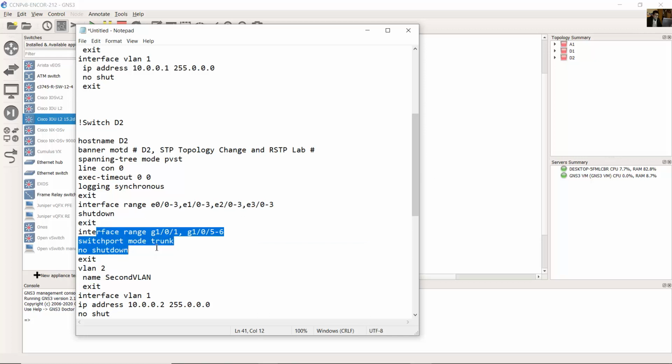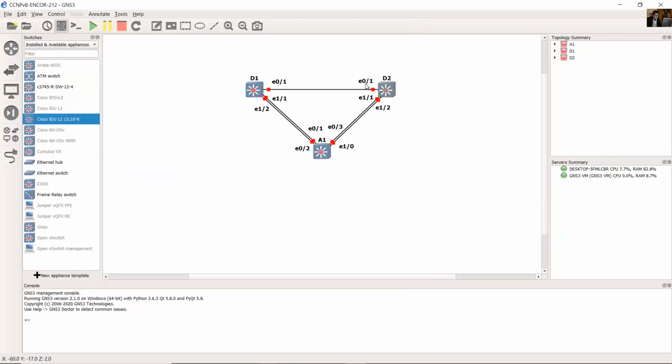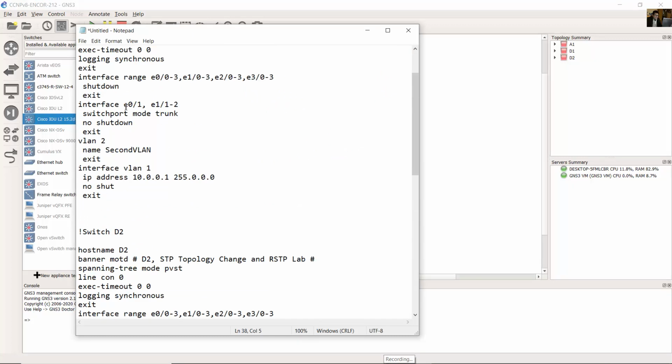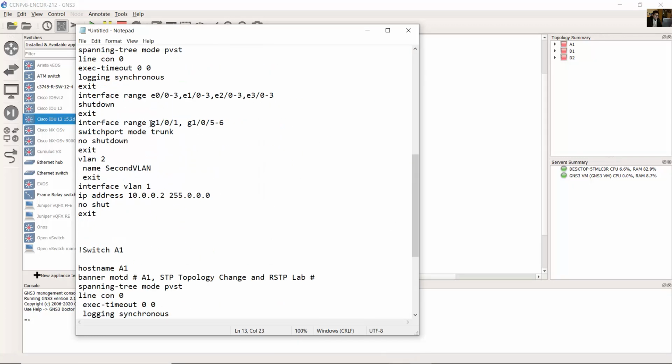And the trunking ports are E0/1, 1/1, and 1/2, the same ports as on D1. VLAN number 2, second VLAN, VLAN 1, IP address number 2.